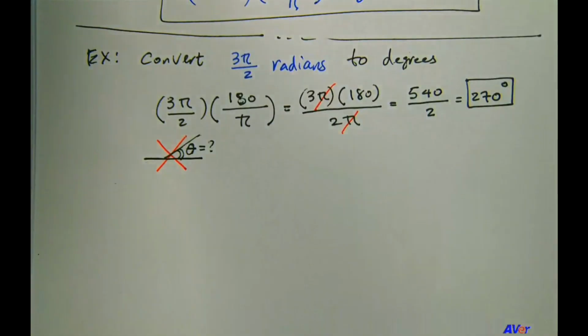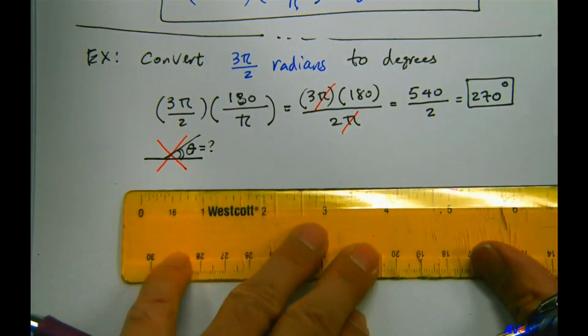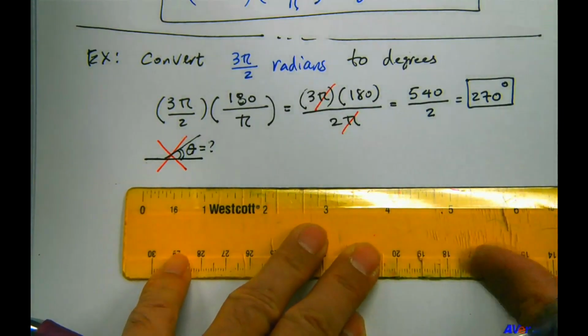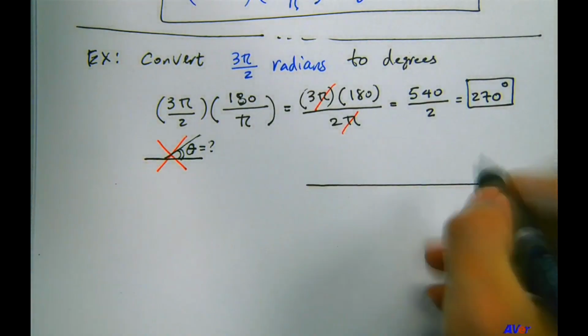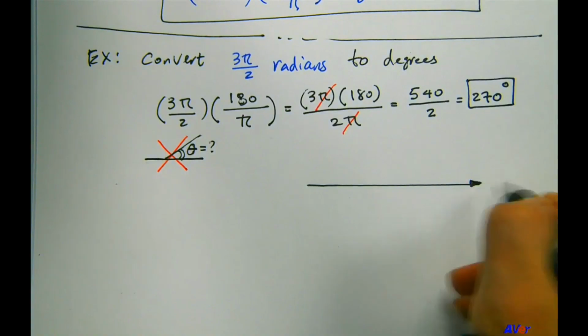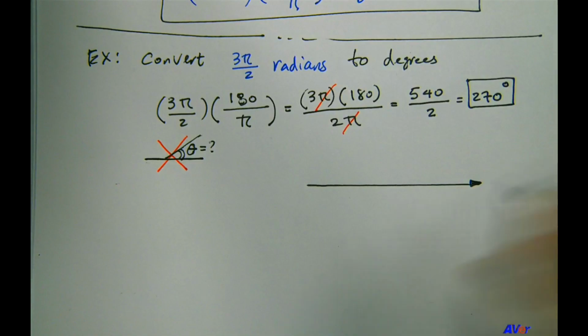Whenever we talk about angles, such as this one, 270 degrees, we're talking about that angle within a circle, and more specifically, the unit circle. The unit circle, all it means is that its radius is equal to 1 unit. That's all it means.